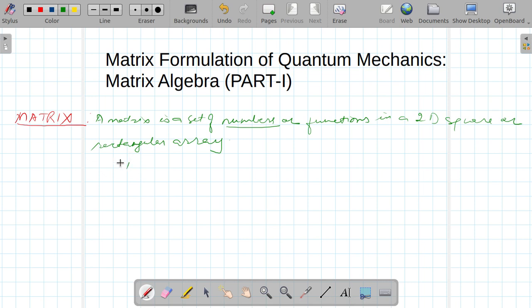And there is no limitation on the number of rows and columns.